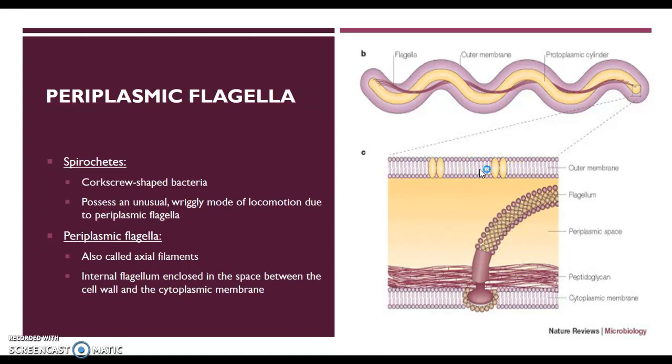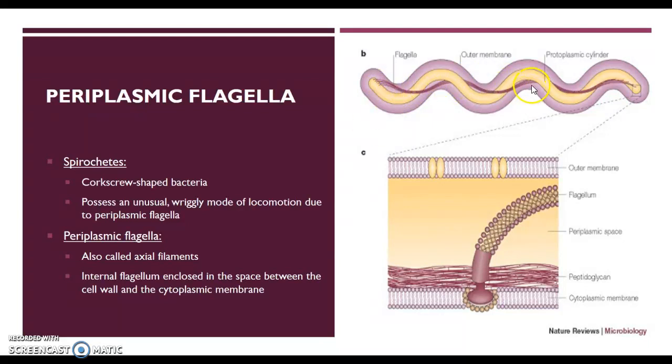It is also attached at both ends of the cell. So you can see it sort of wraps itself around the protoplasmic cylinder here. And when these flagella move, instead of getting a run and tumble like action that you see with the other flagella, it is a very wriggly, shaky sort of motion.